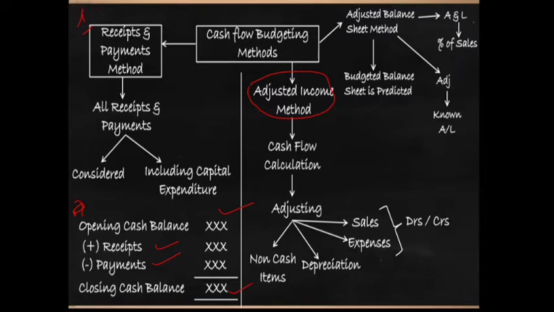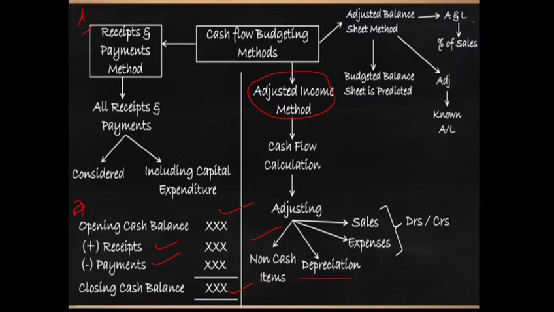Similarly, you will be adjusting creditors from expenses, so you will have cash expenses. And from that you will make adjustments for depreciation, as well as other non-cash items, so that you will get the real cash flows.